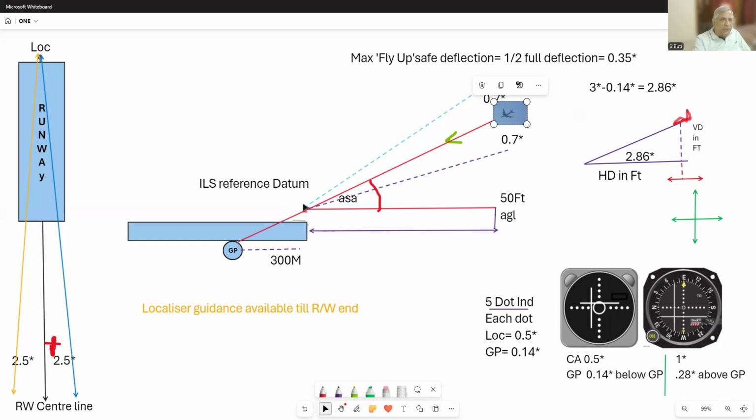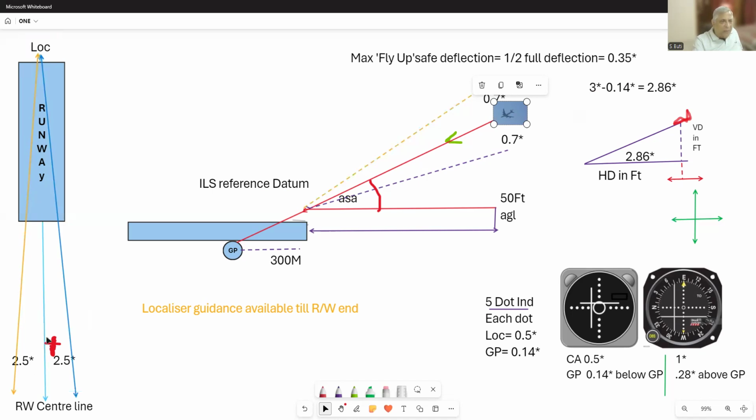There are two transmitters. One is called the localizer transmitter, located at the upwind end of the runway, 300 meters from the end, which transmits on a VHF frequency, which you will select on your selector box, two directional signals called lobes.